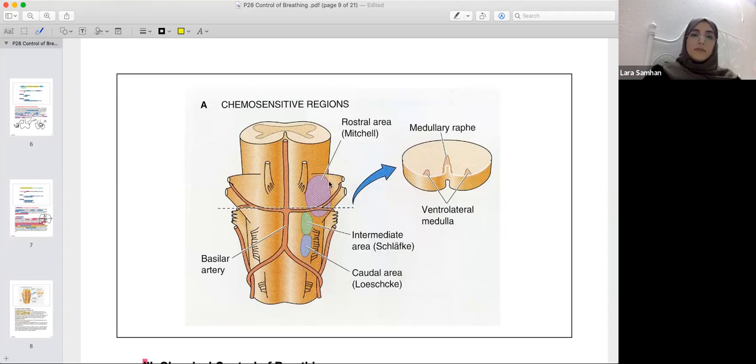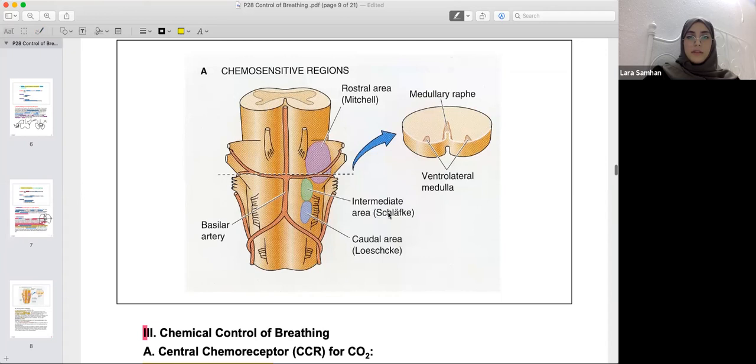Not at all. We just want to focus on those three circular things, which are the rostral area, the intermediate area, and the caudal area. Basically, those are the chemosensitive regions available in the medulla oblongata that also help in breathing. So those are the three main things.